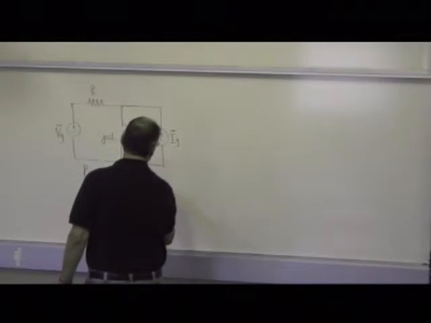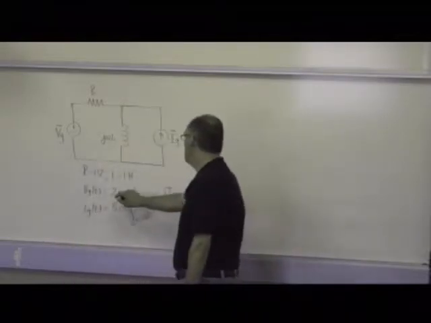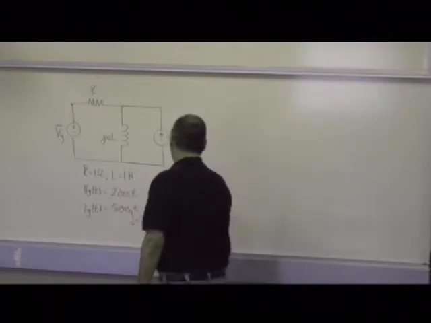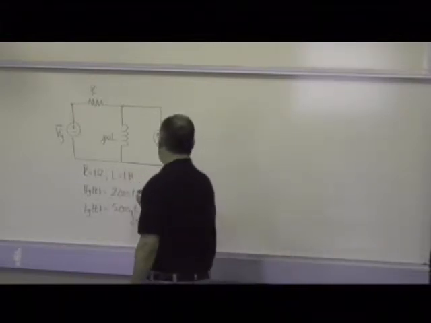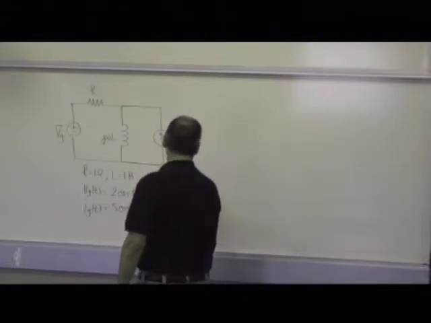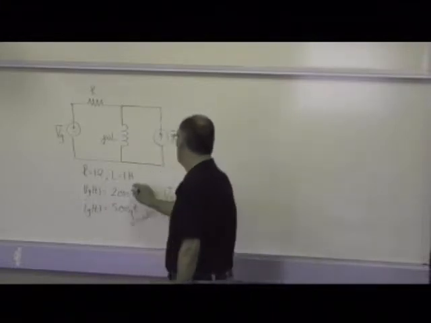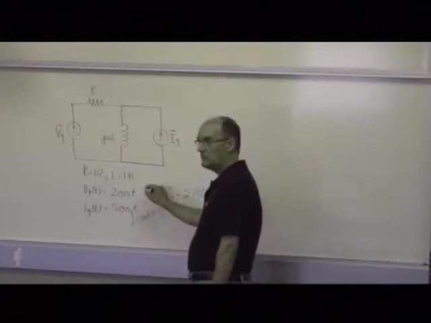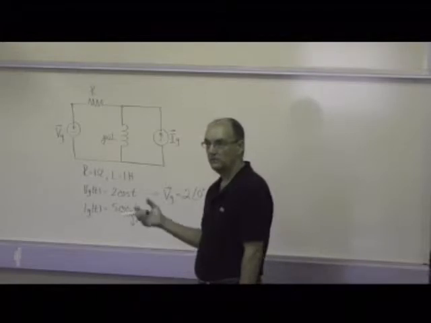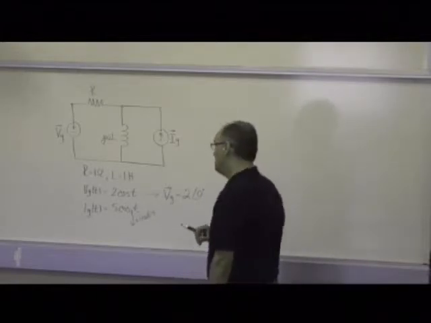The phasor that corresponds to Vg of t will be a complex number whose magnitude equals the amplitude, so 2, and whose angle equals whatever angle you have here, which in this case is 0. If you had 45 degrees or something like that, that angle would show up over here. We'll have some problems like that.